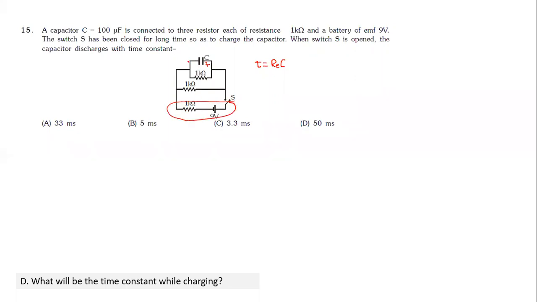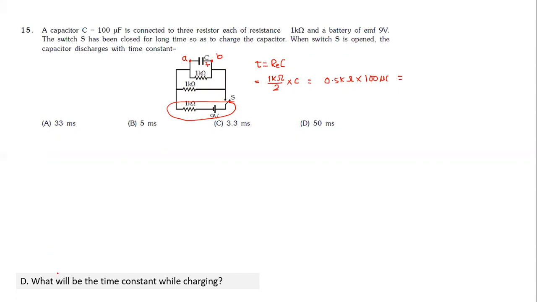Okay, 5 milliseconds. This is at A and B. What is the effective resistance between A and B? Both resistors are connected between A and B. Both are in parallel. So R effective will be equal to 1 kilo ohm by 2, into C. So that will be equal to 0.5 kilo ohm into 100.